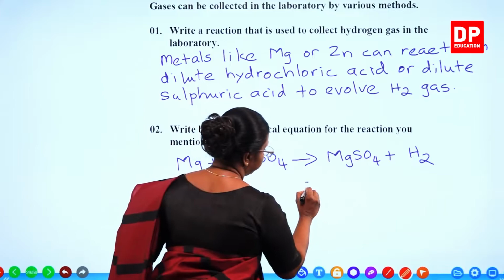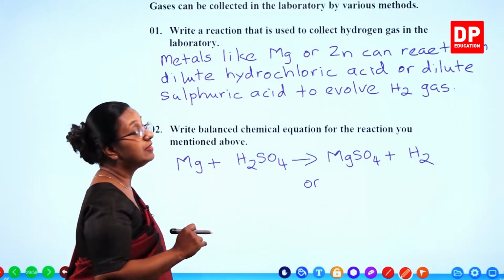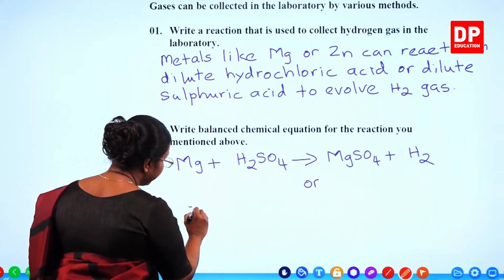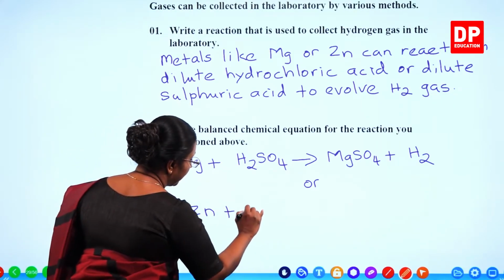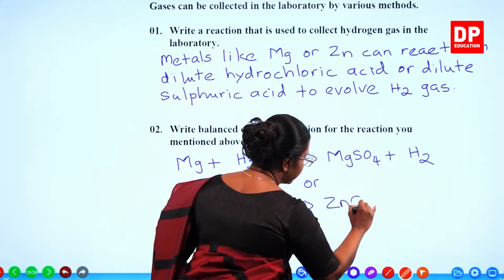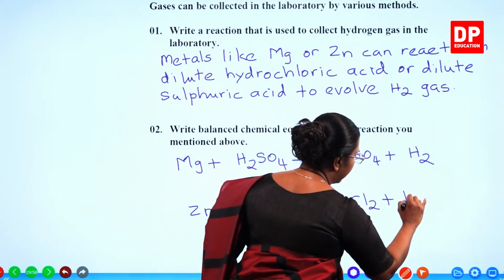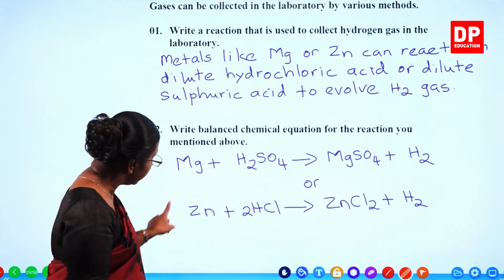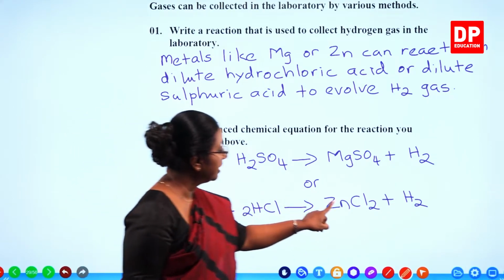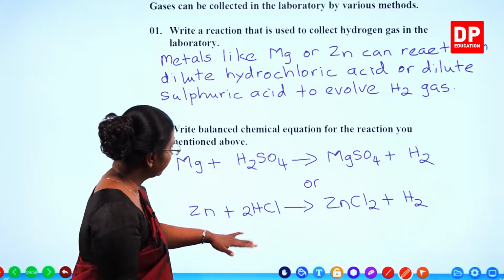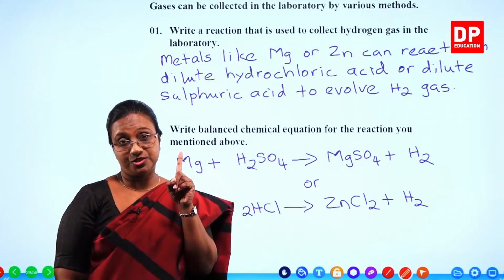Or else, if you take the acid as hydrochloric acid, let's say with zinc plus HCl, you will get the products as zinc chloride and H2 gas. So here we put a 2 in front. That also, if this is magnesium, this will become magnesium chloride. So you need to write just one equation, students.